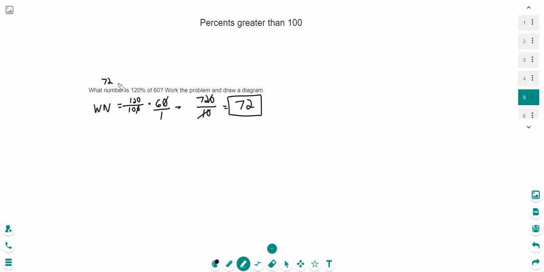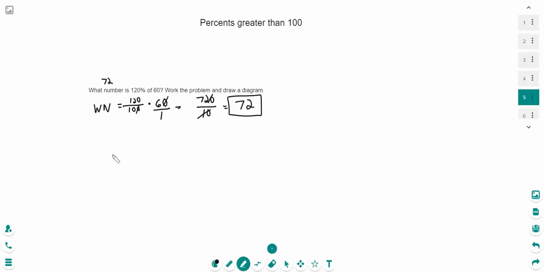So we actually ended up with more than what we started with, which should make sense to you because we used more than 100%. We took not only all of the 60, the 100% of the 60, but we also took another 20% more. So that's why we end up with a larger number in the end. So the 60 actually grew to a 72 by taking 120% of it.